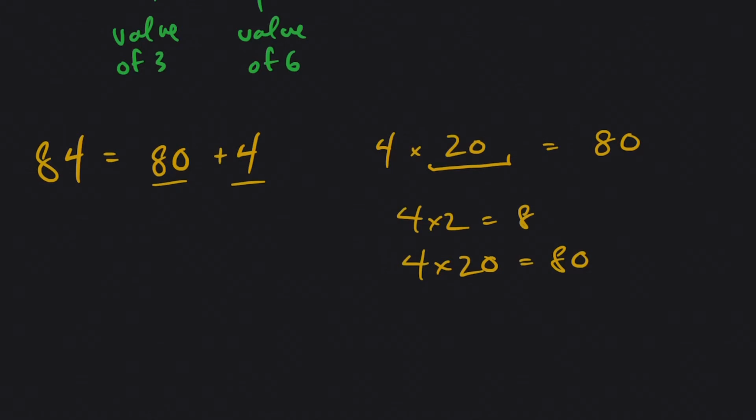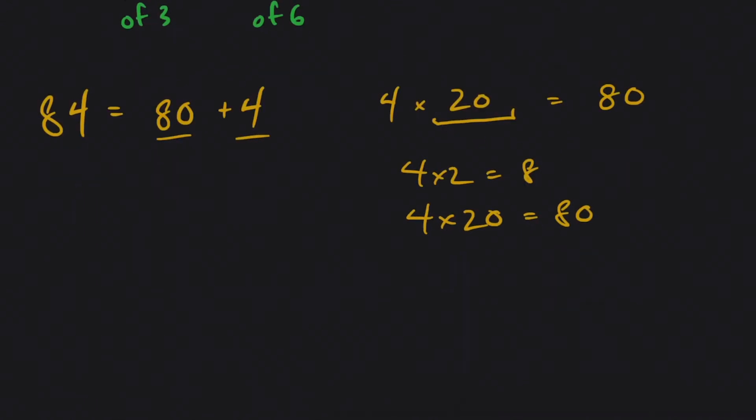Let's try another one. I'll just make one up. Let's do 845. That's 800 plus 40 plus 5.